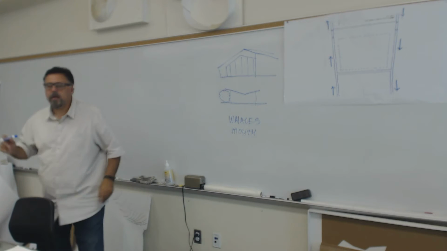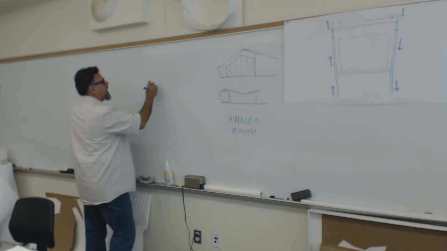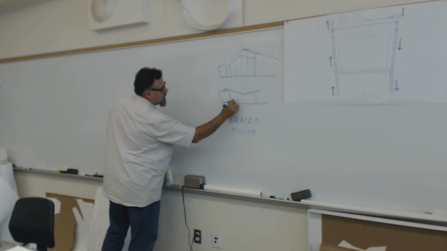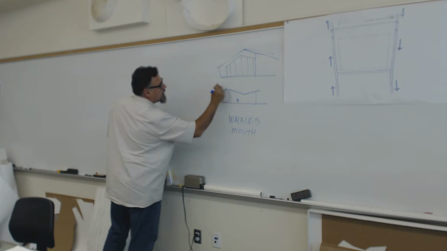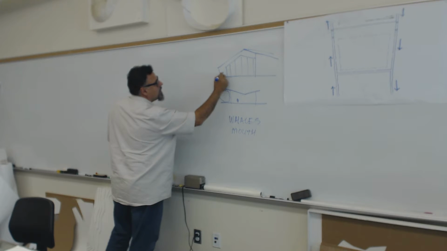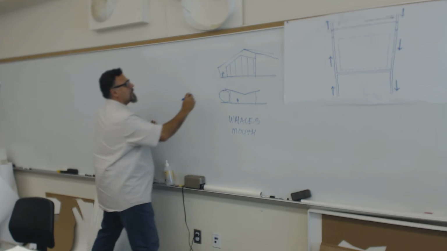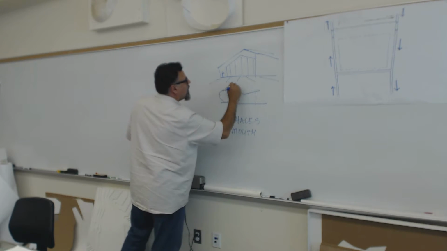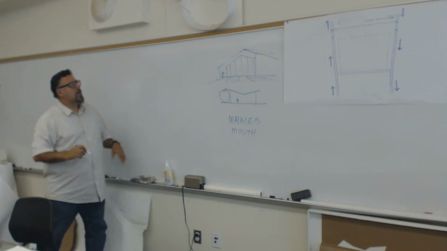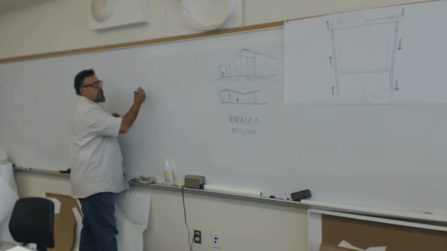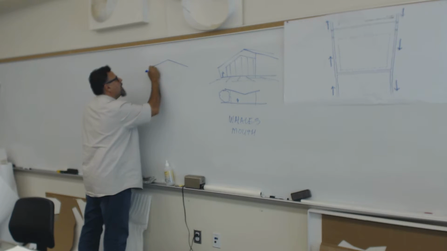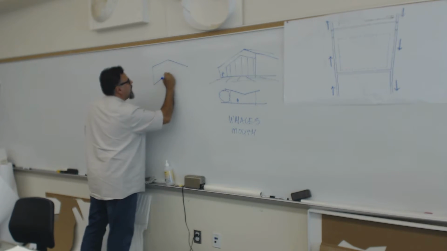A second way that you can define that, and I'm going to draw this now, this is in section, so a person might be there. This is in 3D, so a person could be standing here. Second way, I'm going to draw this in plan view. Say this is the shape of the building that I've defined.